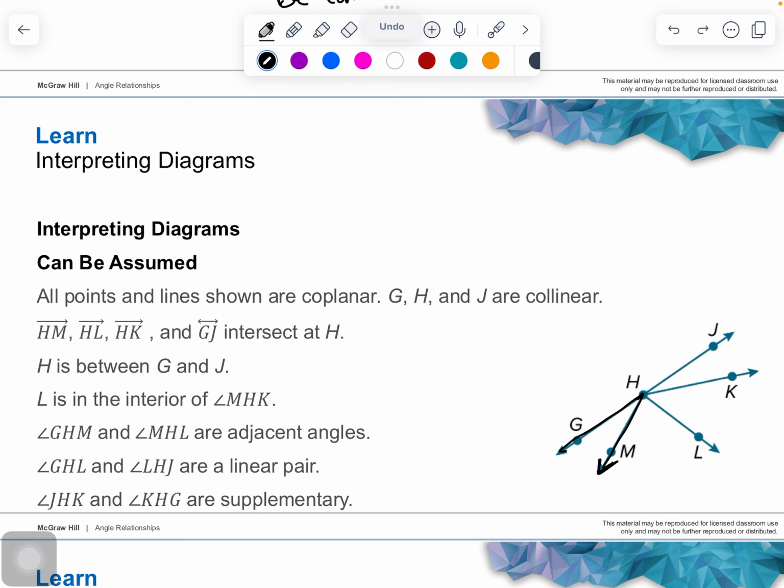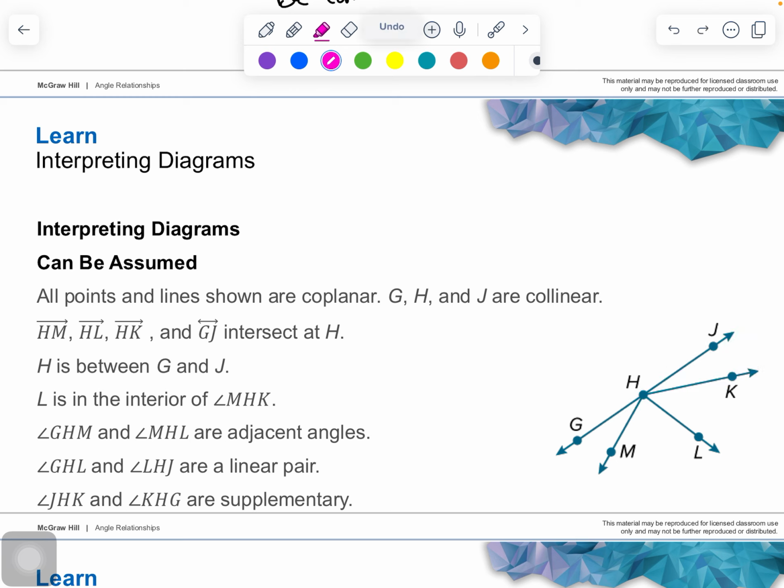All right. You can assume linear pairs. So when you see, let me get a highlighter instead, GHL and LHJ. Since we know that this is a line, any of these rays coming off of there are going to create a linear pair with angles. That's fine. This angle and this angle are a linear pair. Absolutely. Then you can assume from that, let's say here, JHK and KHG. Yes, those are supplementary.